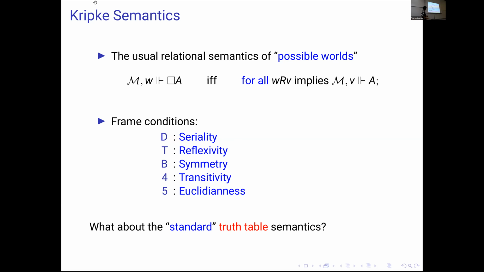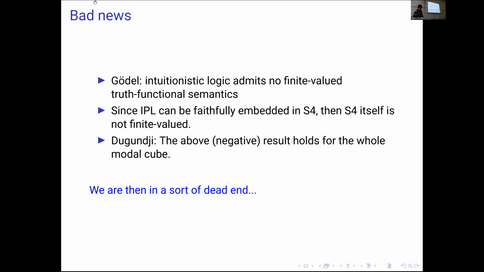So the question that we address in this paper is, what about truth tables? When we start doing logic, the first thing that we do is truth tables, right? So what about using the same method for these modal logics? Well, bad news. Gödel already showed that there is no finite-valued truth function semantics for intuitionistic propositional logic.